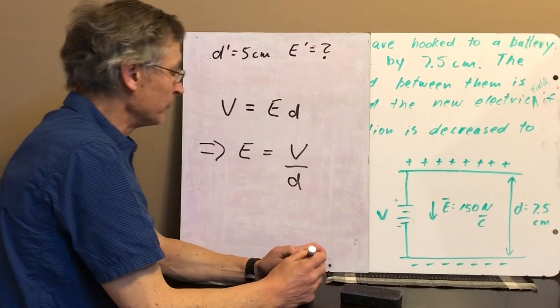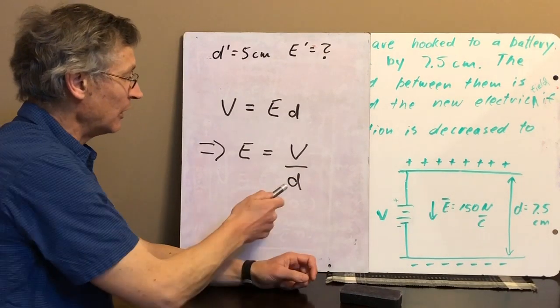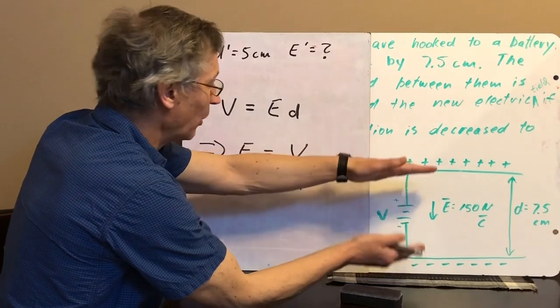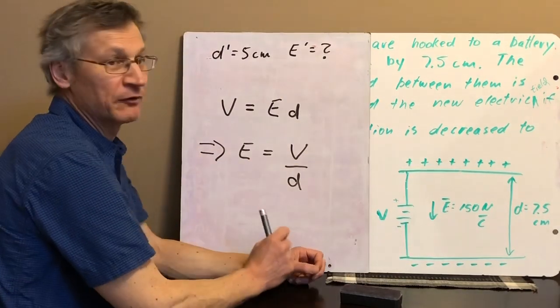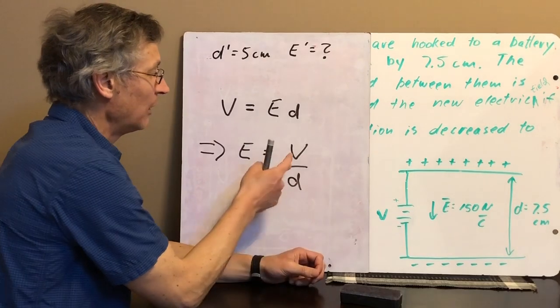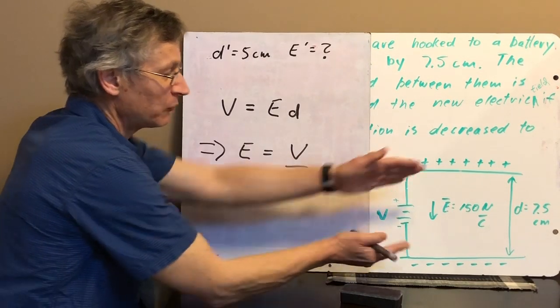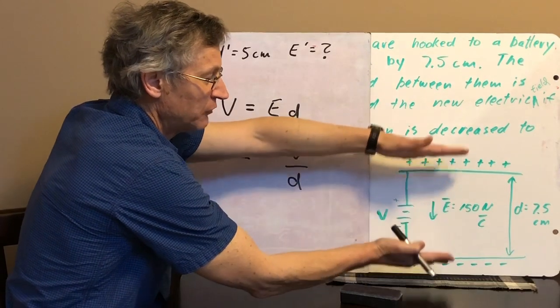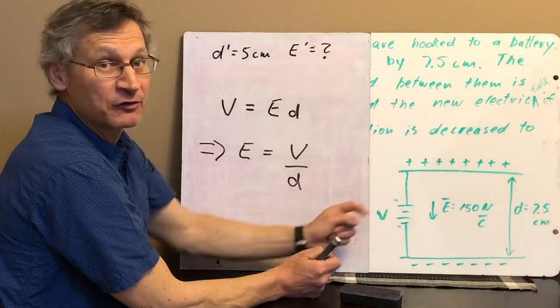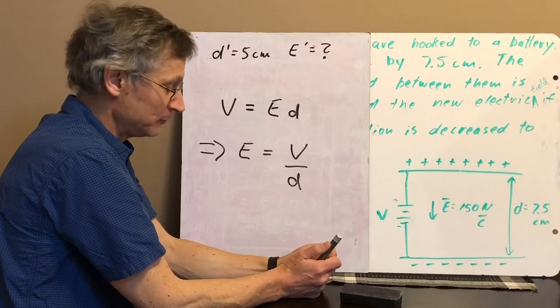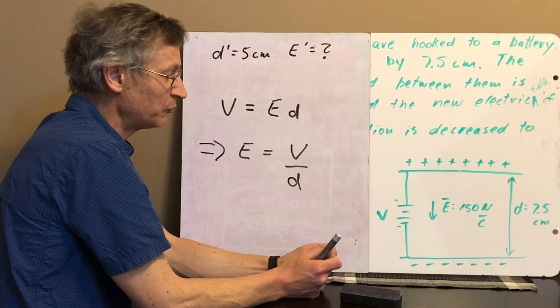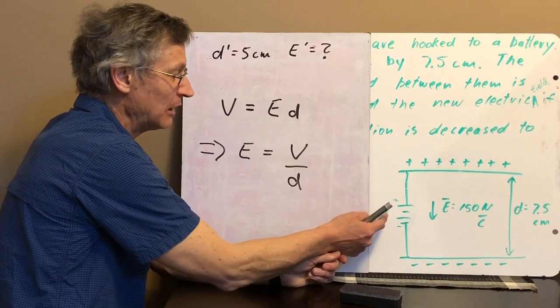Now, you've got to remember, D is changing, it's getting smaller. E is changing, we're trying to figure out what the new E is. But the voltage is staying the same. The potential difference is staying the same. Doesn't matter what you do to your plate separation here, that battery is still hooked up. That means the potential difference between the plates is always going to be the same.